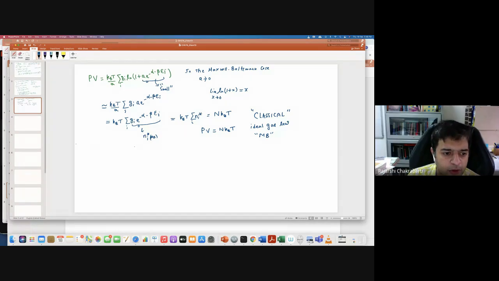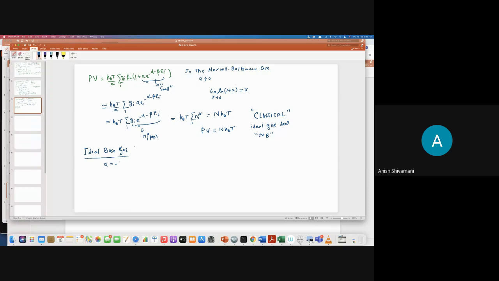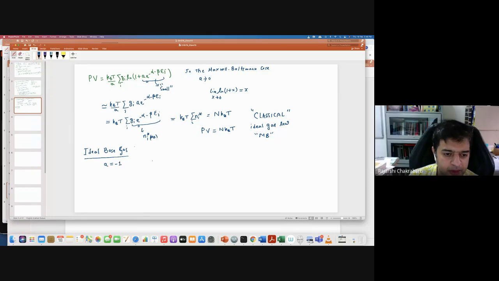Okay, now let us consider what is known as the ideal Bose gas. Now, what is an ideal Bose gas? You know the value of A is equal to what? Minus 1. Why ideal Bose gas?